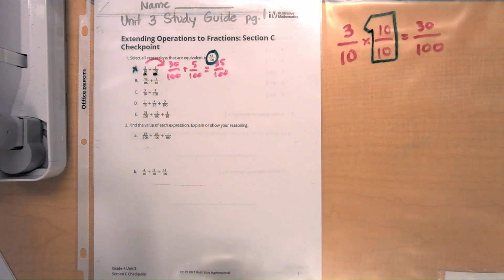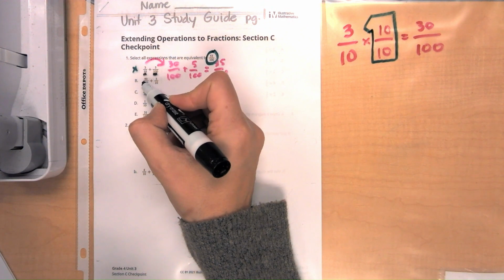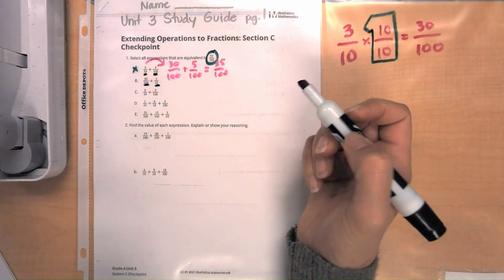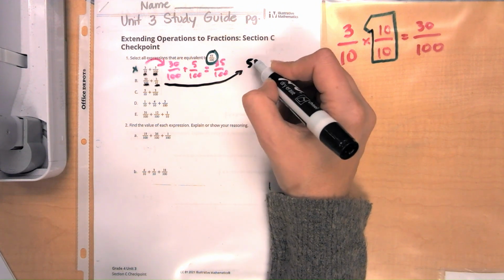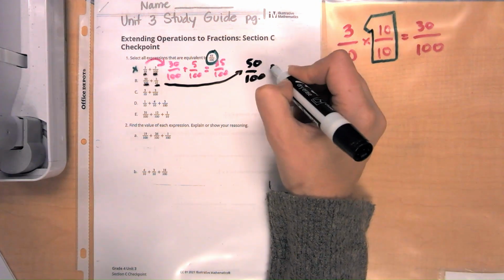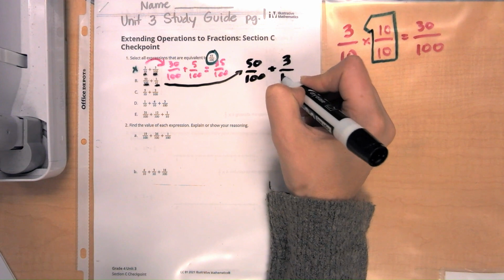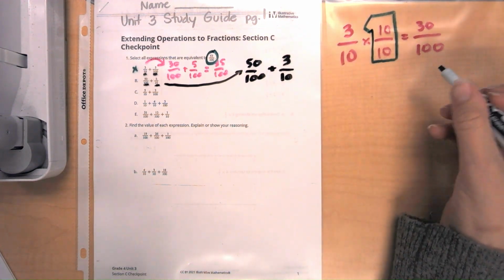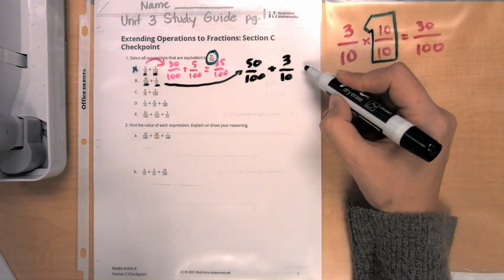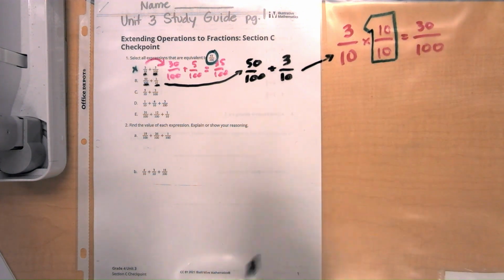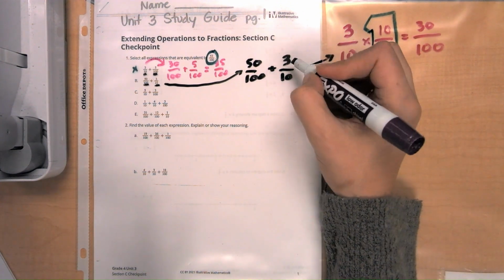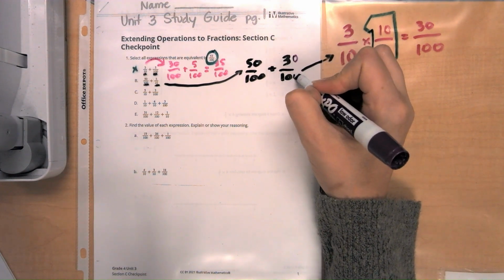And we are going to go through all of these questions and do that same thing. Again, hundredths and tenths. 50 hundredths plus 3/10. Well, again, oh, look how handy this is. I can't use 3/10. I'm going to change this 3/10 to 30 hundredths.